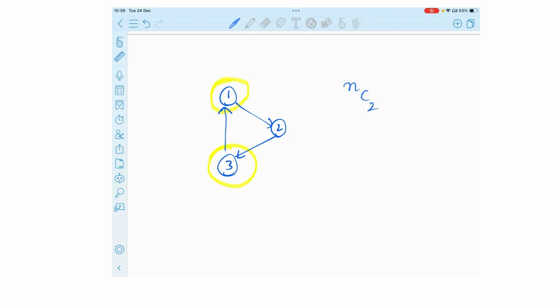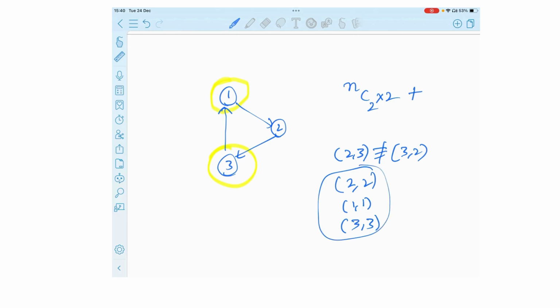That is n choose 2. And since it's an ordered pair, as I said, 2 comma 3 will be different from 3 comma 2. We have to multiply it with 2. And again, we also have reflexive property here where the station can be reached by starting from the same station itself. And these were not counted in n choose 2. So we have n.